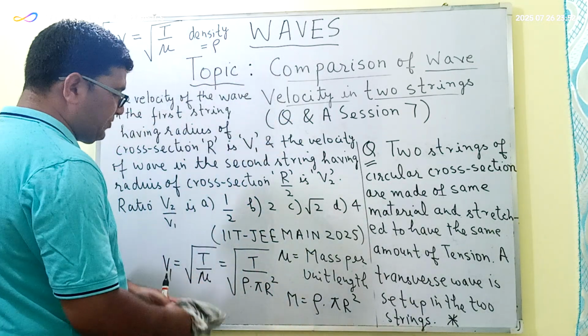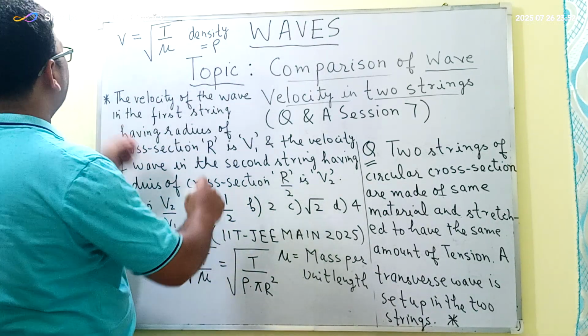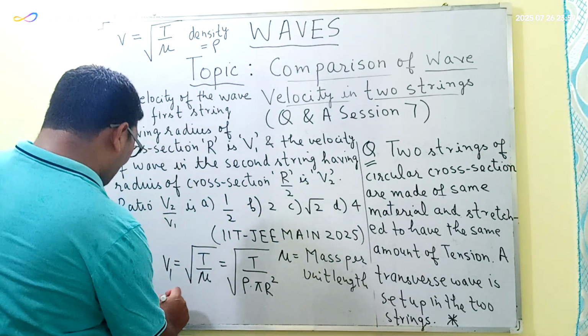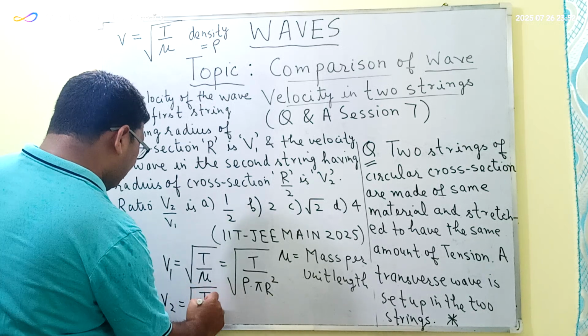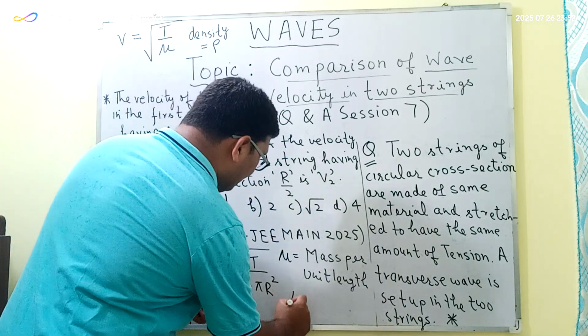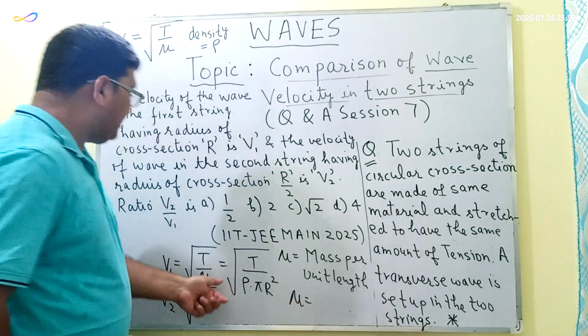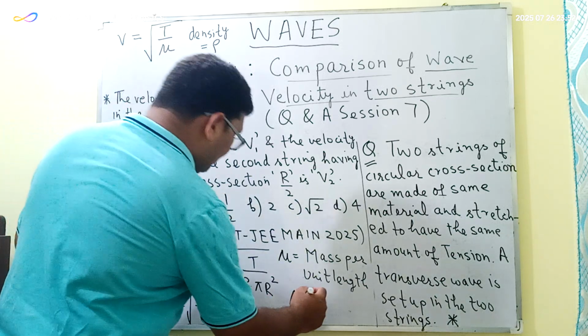So this is the value of v1 in the first string: under root of T divided by rho into pi r square. Now for the second string, the velocity is v2, and this will be equal to under root of T divided by mu. In the case of the second string, the radius of cross section is equal to r by 2.